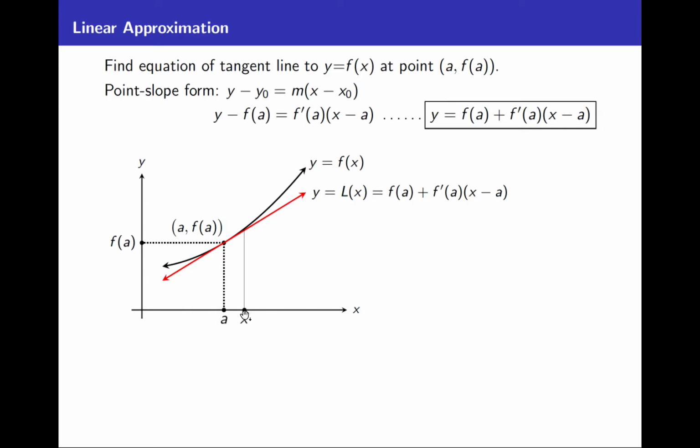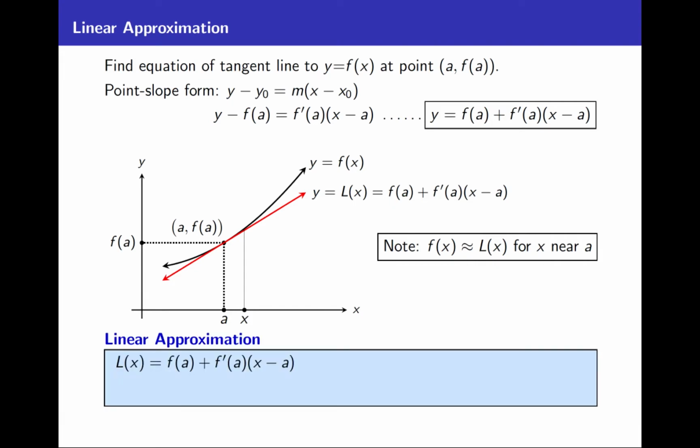If you plugged in an x to f, you'd be way up here on the graph of f. And for all intents and purposes, that looks virtually the same as plugging x into L. You can see here that f of x is approximately equal to L of x, as long as x is near a.